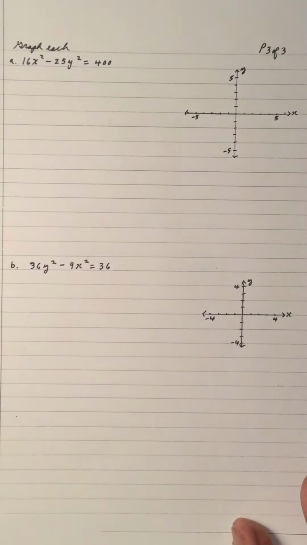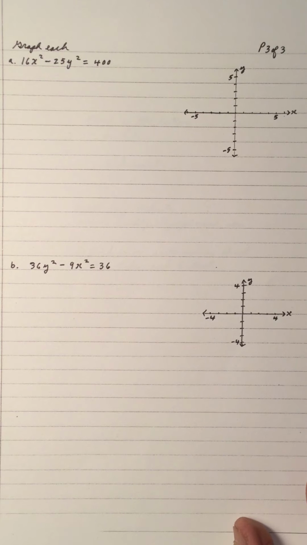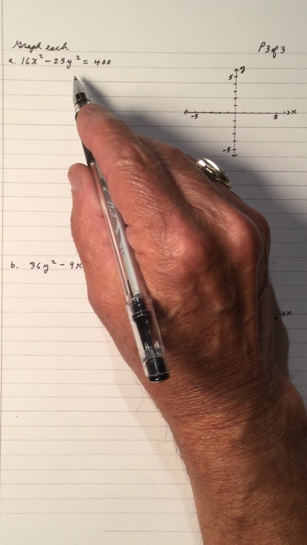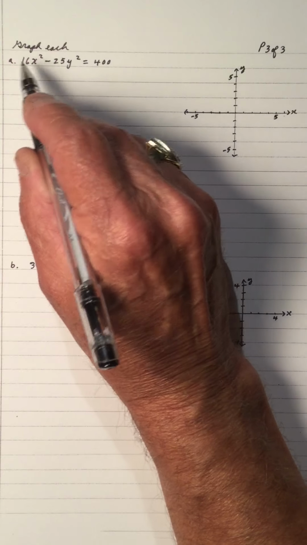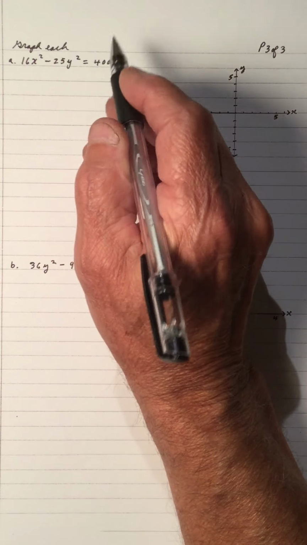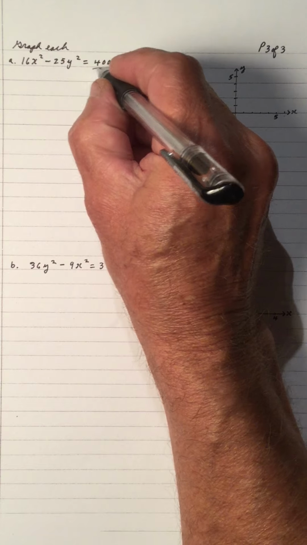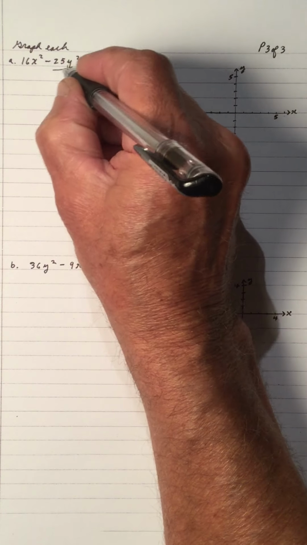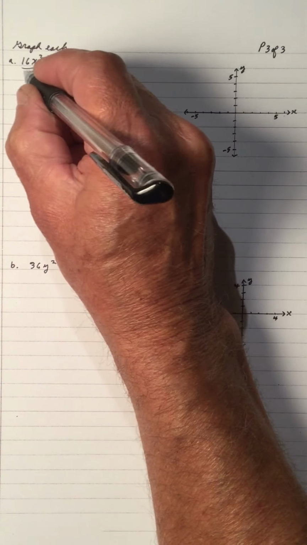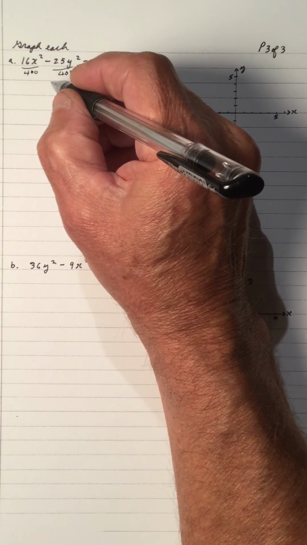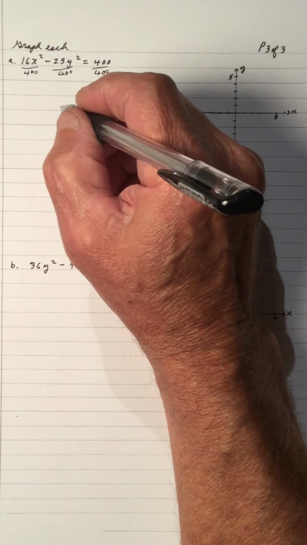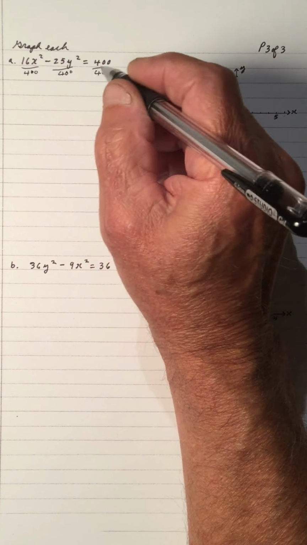So let's continue. Now, let's take the general form, change it to transformational, and then we'll graph this hyperbola. Notice we have an x squared, y squared, and one of them is negative, so we have a hyperbola. So we'll divide by 400 to get the transformational form, so we can pick up its center, asymptotes, and vertices.